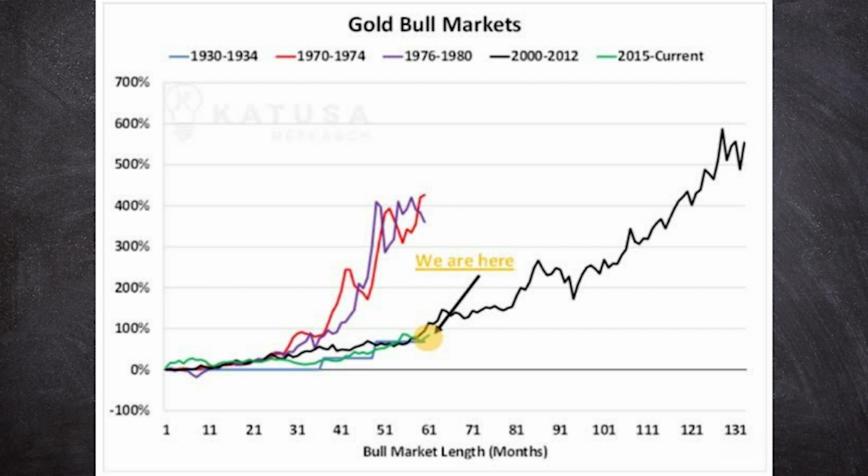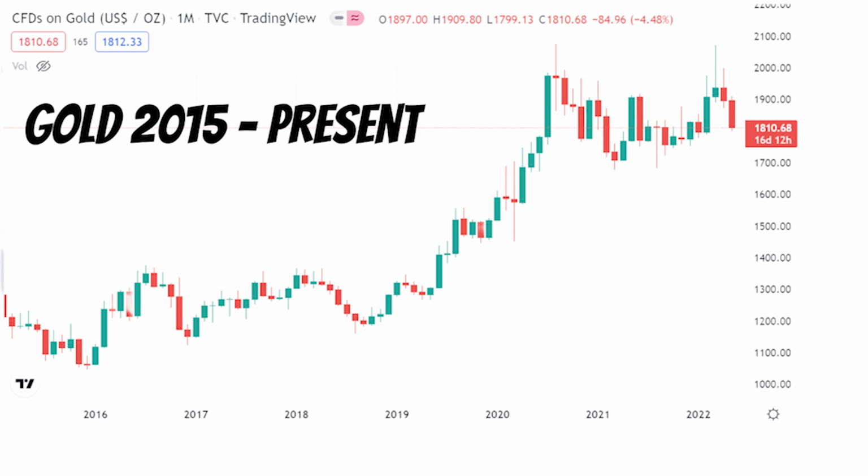I share that because in this next slide, I've charted weekly candlesticks from 2015 to today. It's not super clean, but you can see that since 2015, we've had a nice little start of movement and almost a takeoff, as the other model would say.